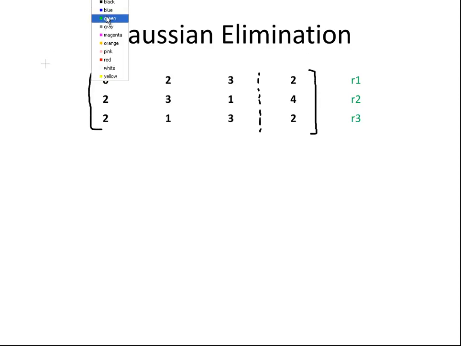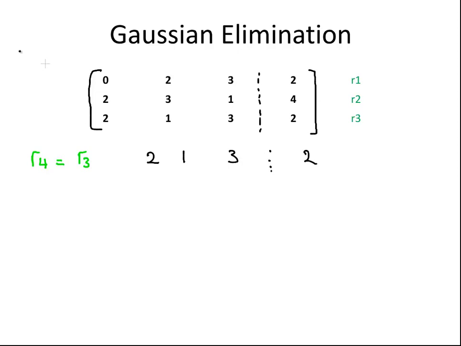So, first off, we have R4, and that is going to be equal to R3. I'm going to put the bottom line up at the top, basically. So, 2, 1, 3, and 2.